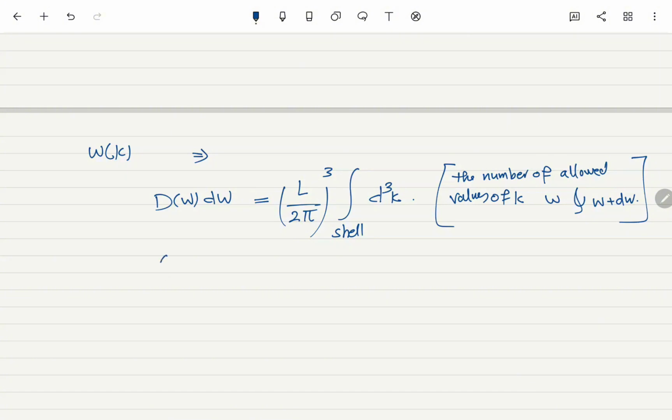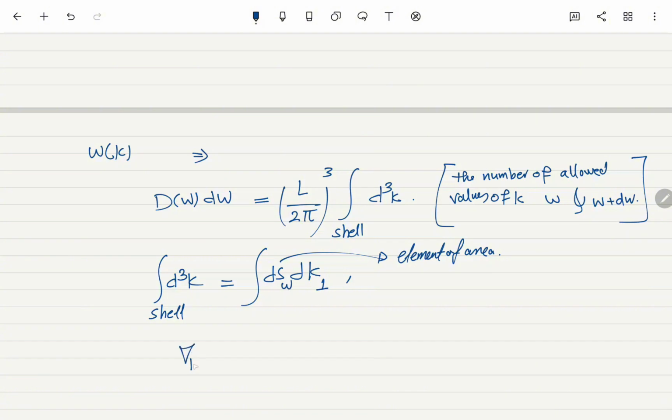Now, from this one here, d3k over this shell is actually equal to dS omega dk perpendicular, in such a way dS here is the element of area, and the gradient of omega dk perpendicular is equal to d omega.